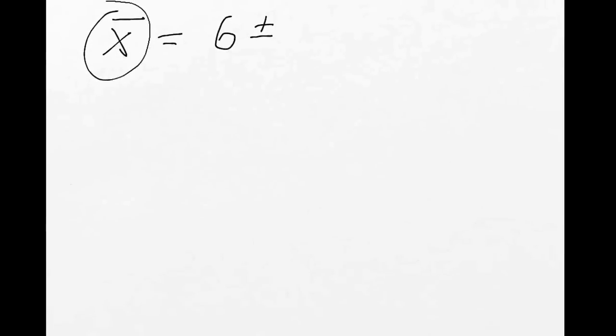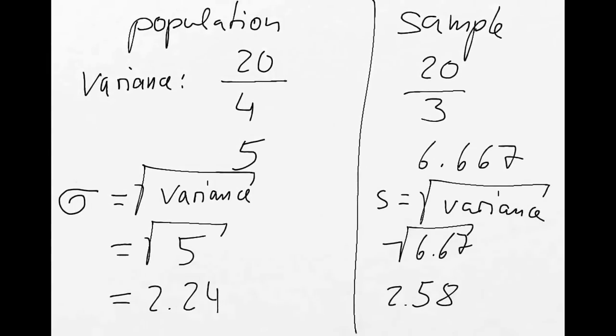Why sample? You're absolutely correct, but why sample? Because of the x bar. Exactly. X bar indicates it's a sample. Yeah? So that would be plus minus 2.58, and that is the standard deviation. Yeah? I could record that like this. Okay? Happy with that? Can you do that?